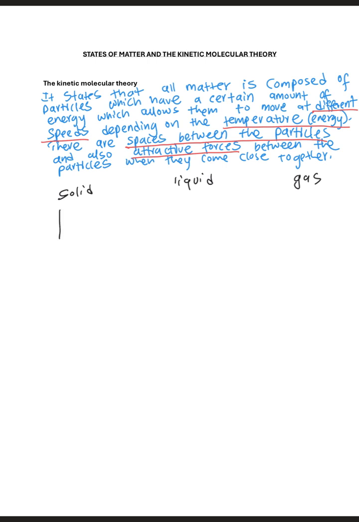In a solid the particles are packed closer together, next to each other uniformly, so they show a pattern. In a liquid it will be different, and in a gas the particles are far from each other.